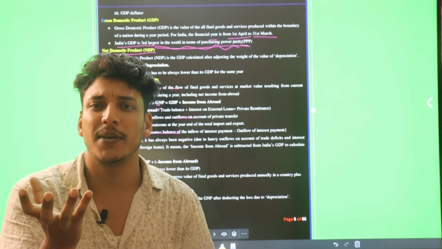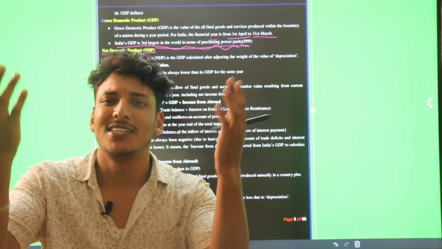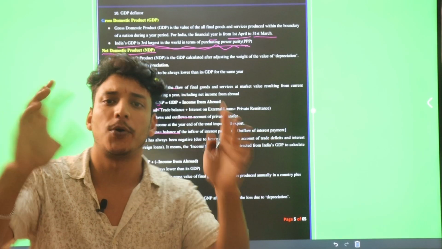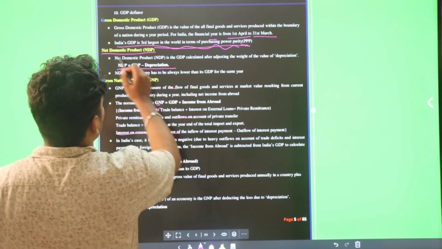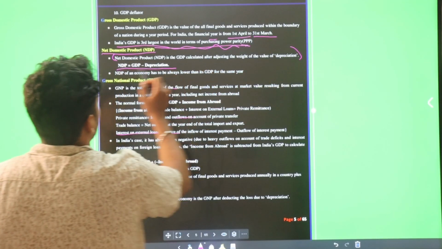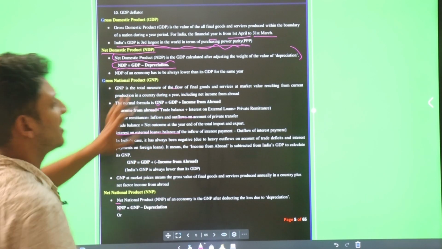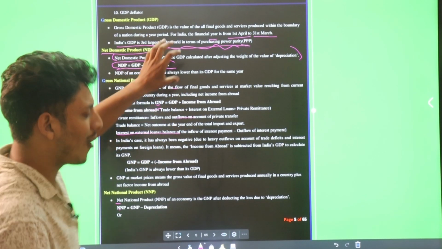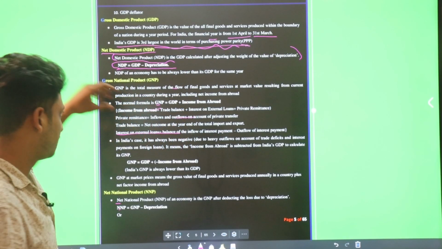GDP minus depreciation is NDP, net domestic product. Just remember this formula. He never asks you about the full form, because this is important for your exam. NDP is GDP minus depreciation. Depreciation is how much the value of money is degraded in a particular period of time.